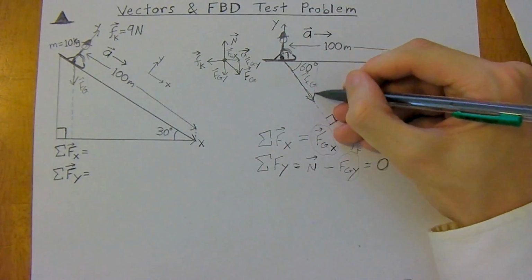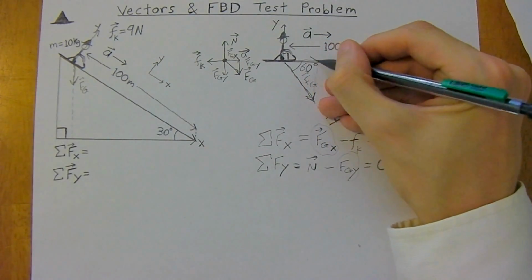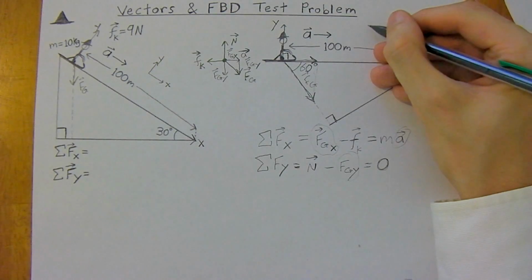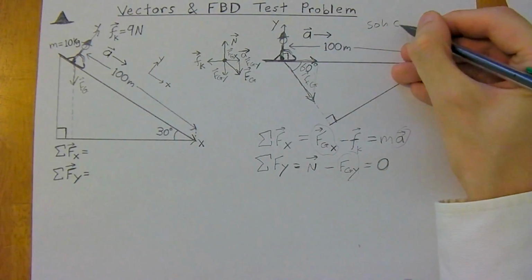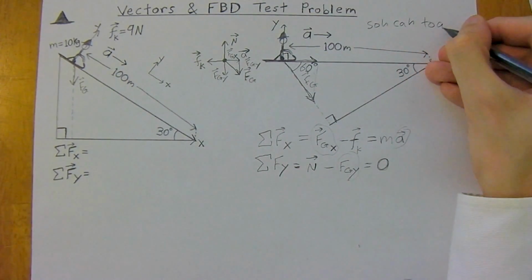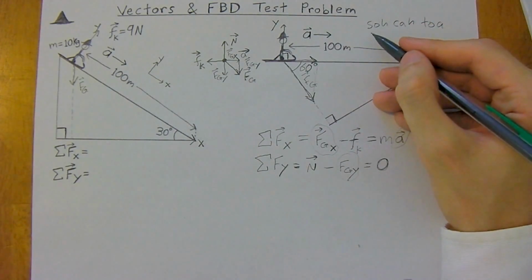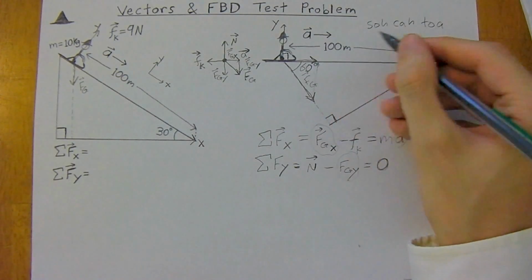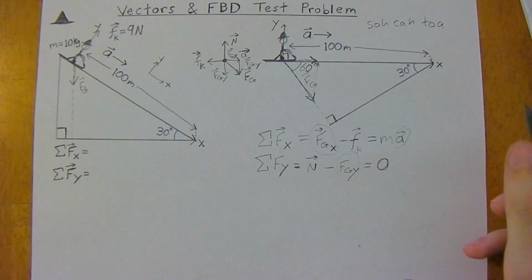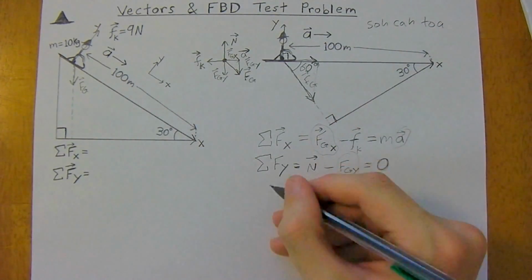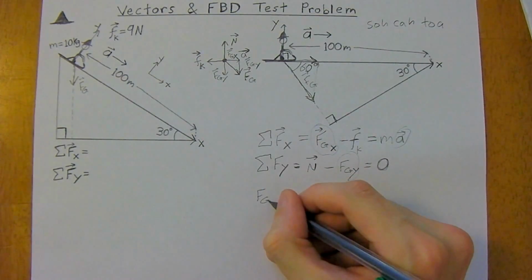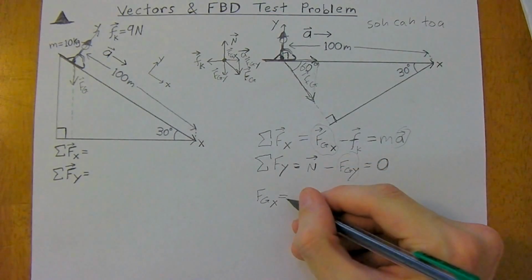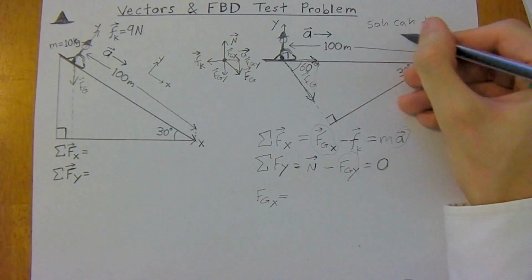Say we want to find the force of gravity along the x-axis. We know SOHCAHTOA. Sine of theta equals opposite over hypotenuse, but in this case we want the adjacent, so we're going to use cosine. I'll just run through the math quickly.